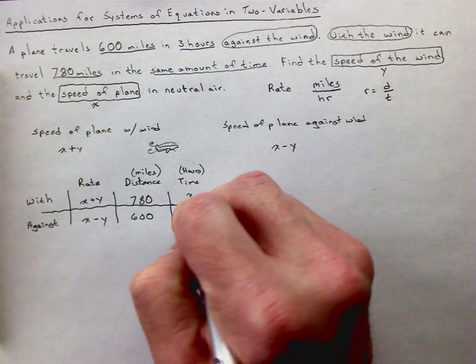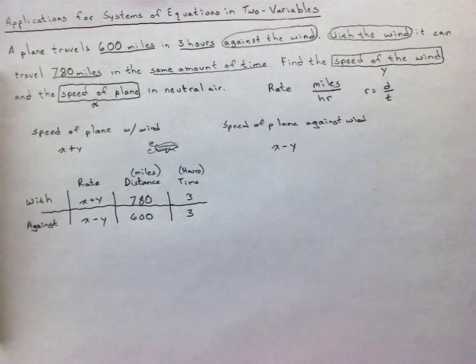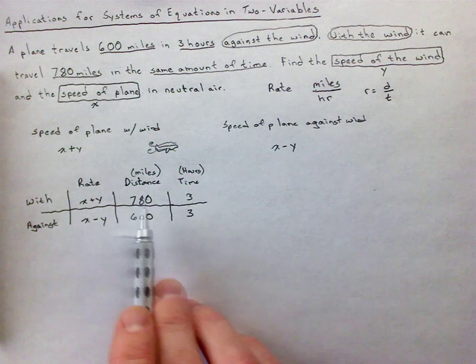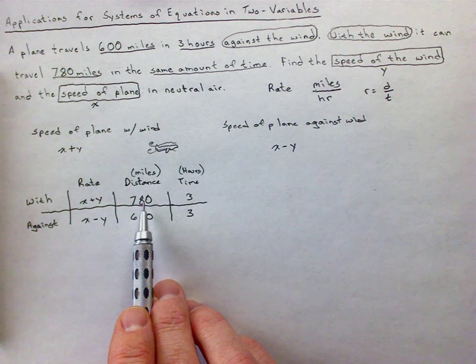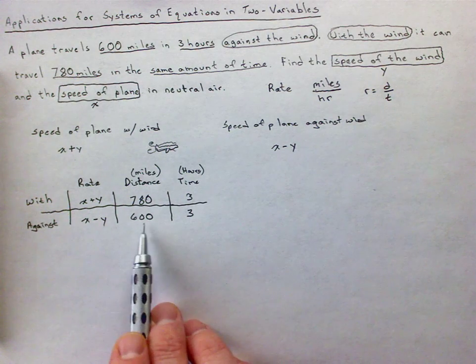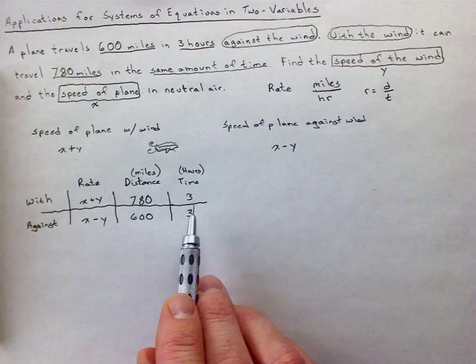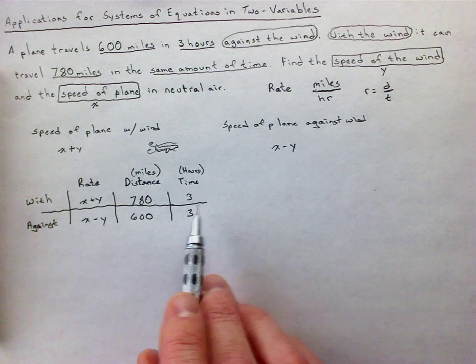So they're both 3 hours. Generally, without being critical in thought, just using common sense, this makes sense. The plane traveling with the wind can go a greater distance in the same amount of time than a plane going against the wind. So my information, at least to me, appears to be solid.